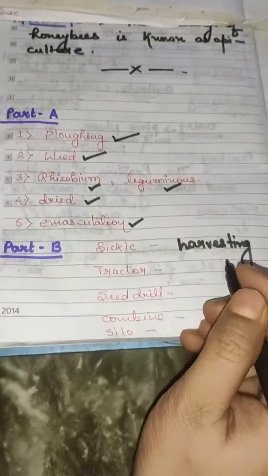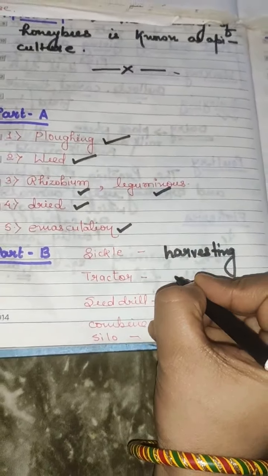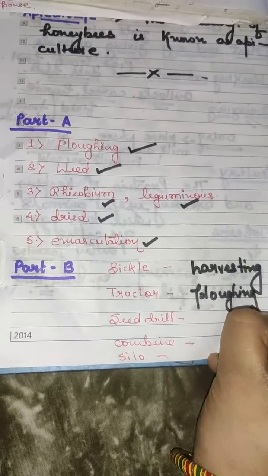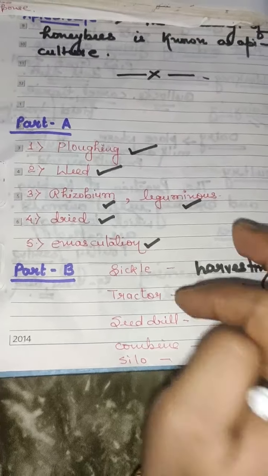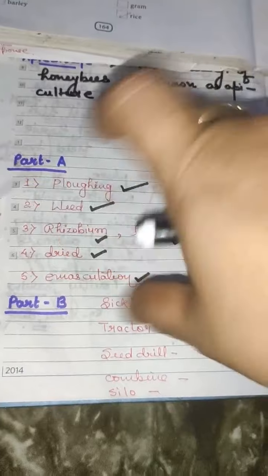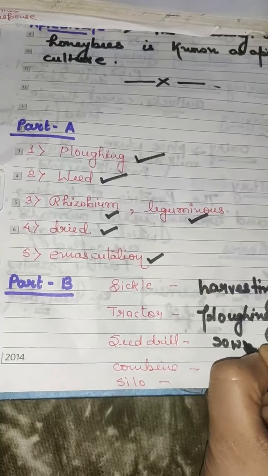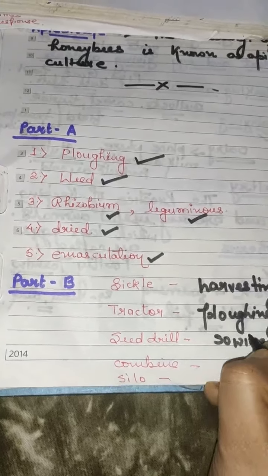What do we do with the tractor? With the help of a tractor, we loosen the soil, so it is used for plowing. Number 3, seed drill. When we drill holes in the soil, why? To sow the seeds. It is for sowing, putting seeds into the holes.